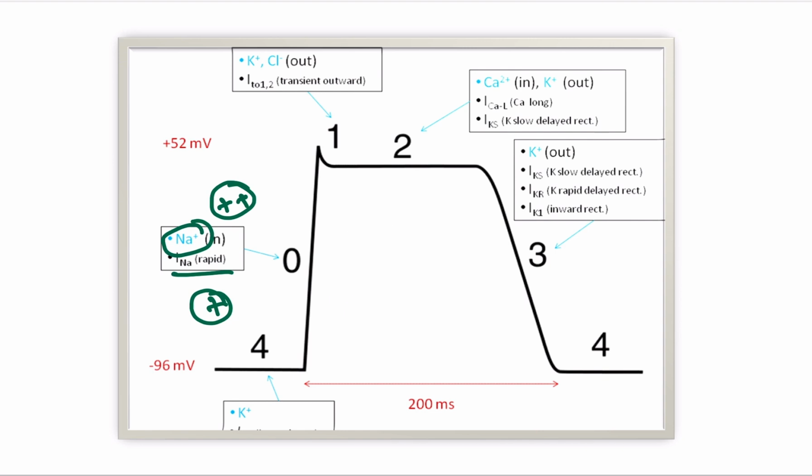So when sodium, a positive ion, enters the myocardium cell, rapid depolarization occurs. It is the rapid change, so rapid depolarization occurs.